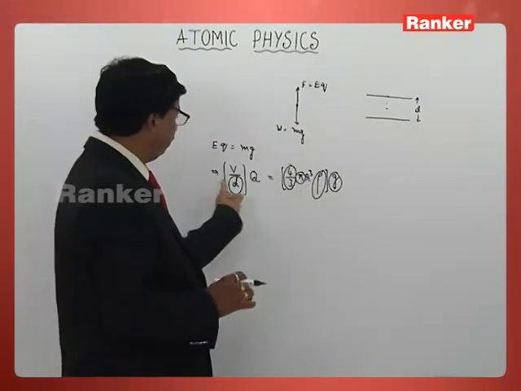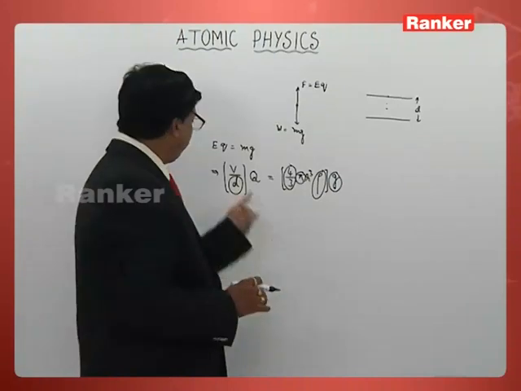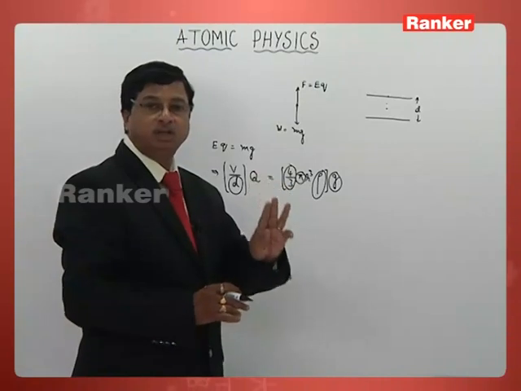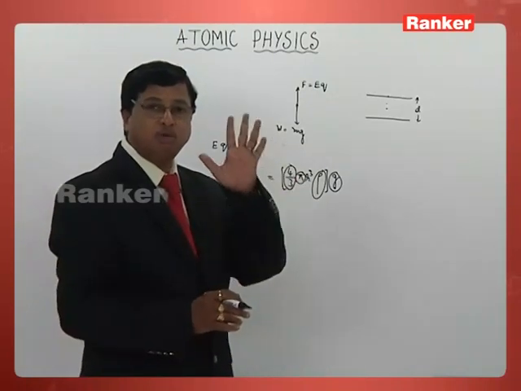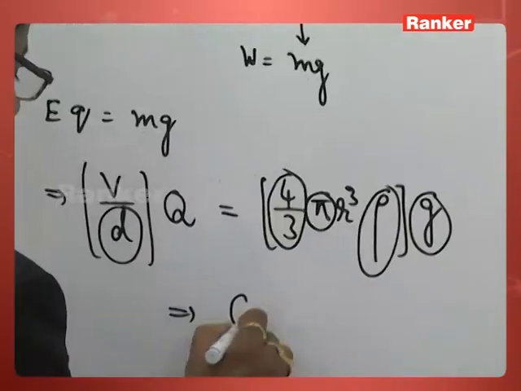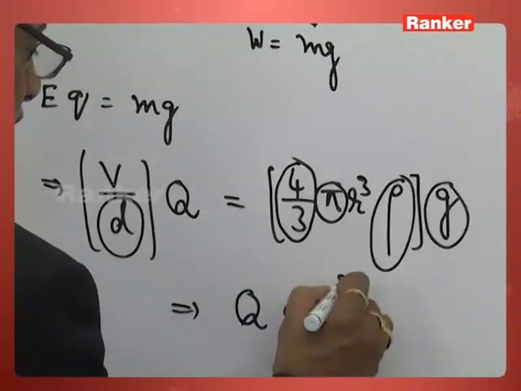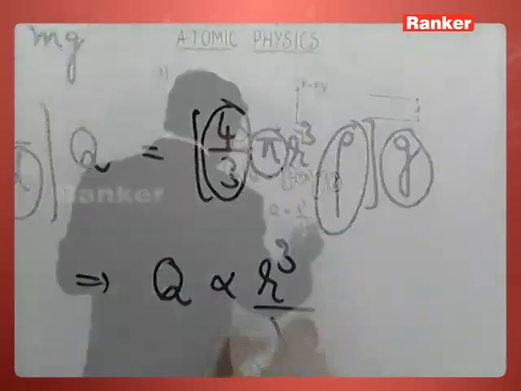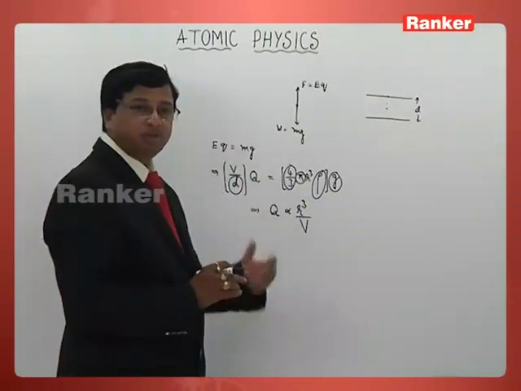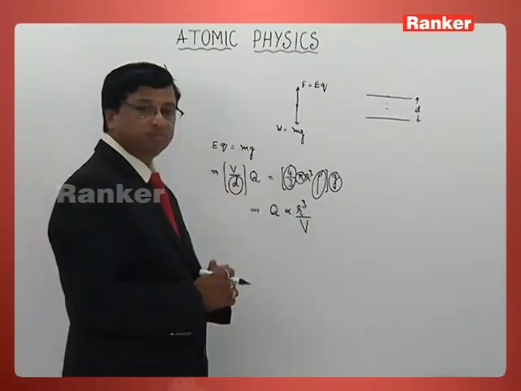Now observe carefully how many terms are not circled there. In fact, 3 terms I have not circled. Those 3 only are the variables right now according to the problem given. So what we can write now? This implies charge on the droplet is directly proportional to r cube by v. That is actually the formula you can directly get by equating these two values.